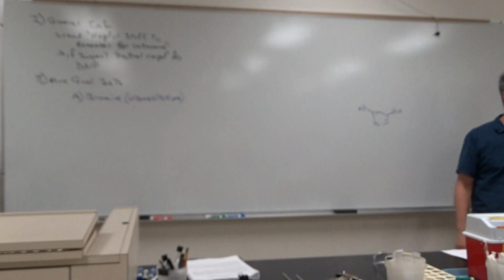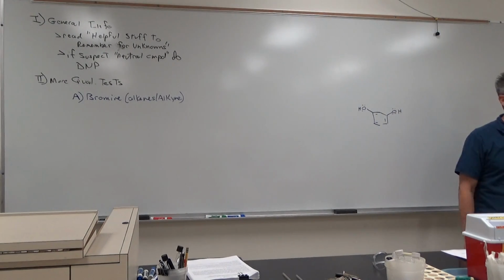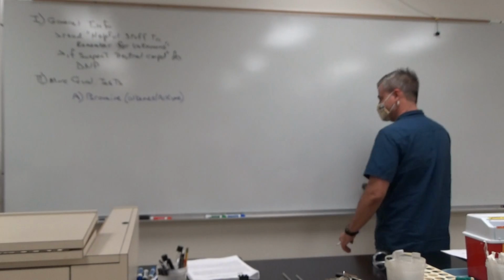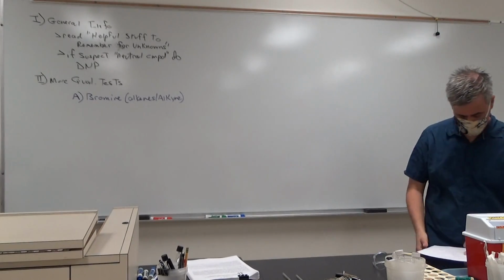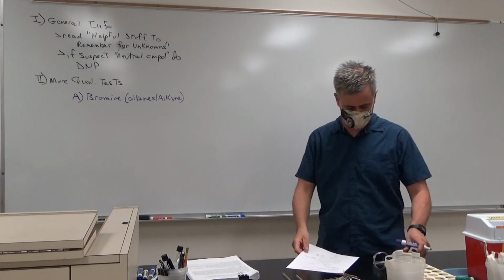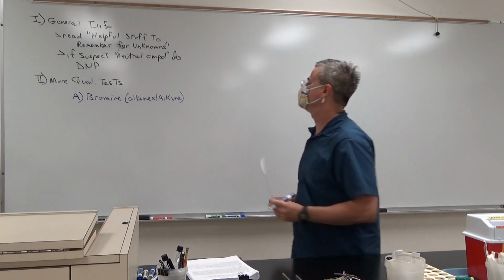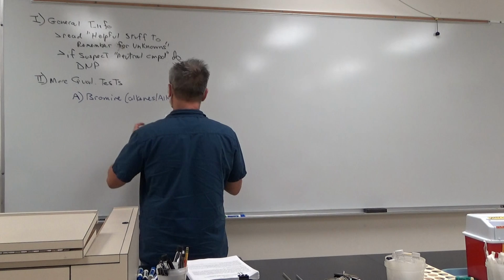The alkene test is pretty cut and dry. If you've got an alkene, it's going to give you a positive test. If you don't have an alkene, it's not going to give you a positive test. Does that make sense? So it's just the classic bromination mechanism that we've already looked at a couple of times.